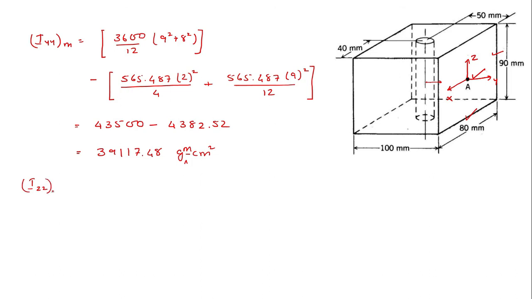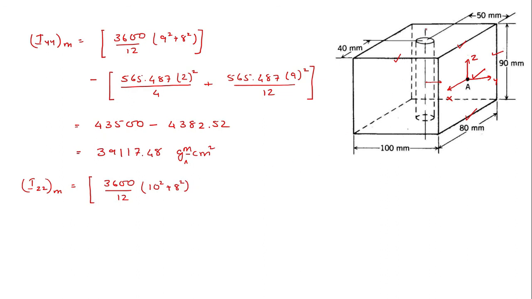Similarly, I can find Izz with respect to the z axis that passes through this point here. Now first for the solid slab here, this will be equal to 3600 divided by 12 into this corresponding length square plus this corresponding length square, that is 10 square plus 8 square.